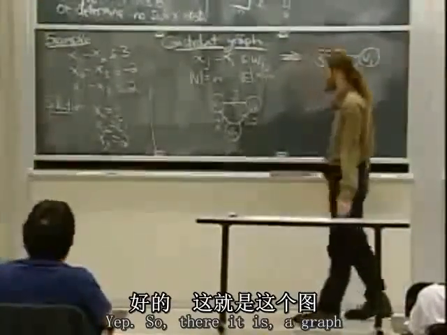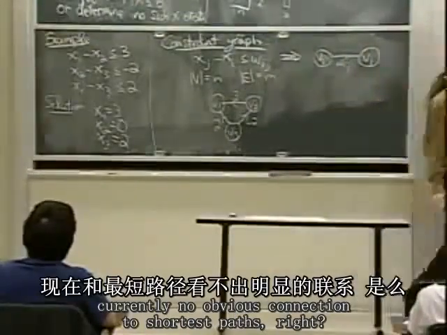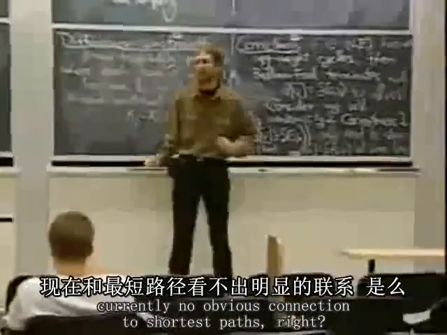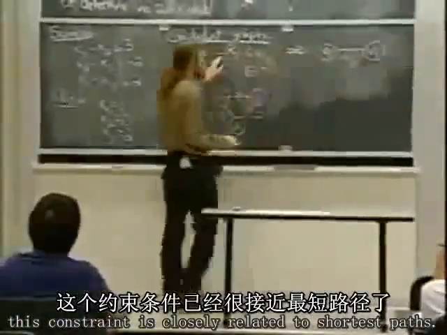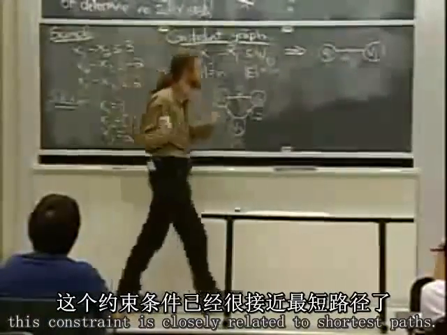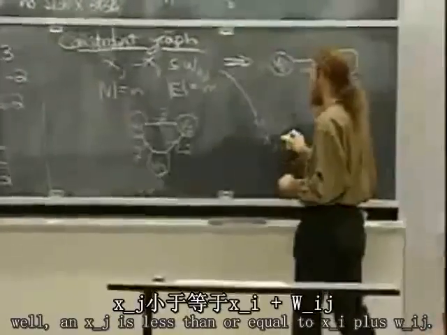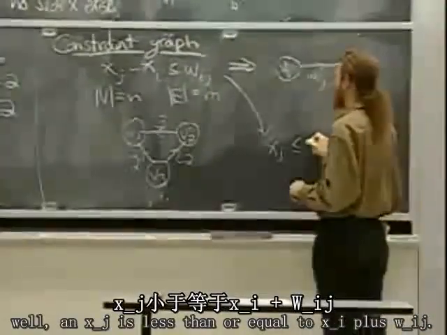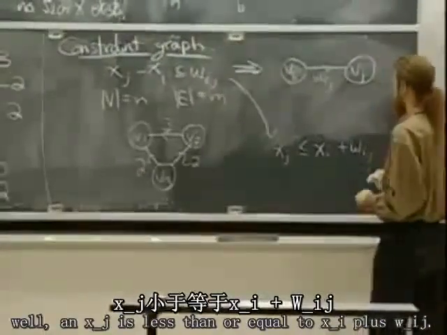So there it is, a graph. Currently no obvious connection to shortest paths, right? But in fact, this constraint is closely related to shortest paths. So let me just rewrite it. You could say, well, xj less than or equal to xi plus wij.